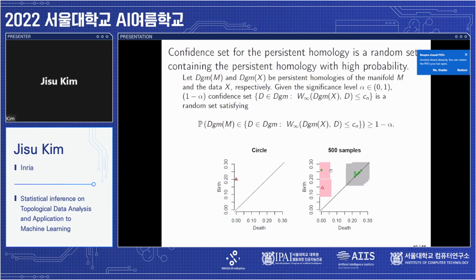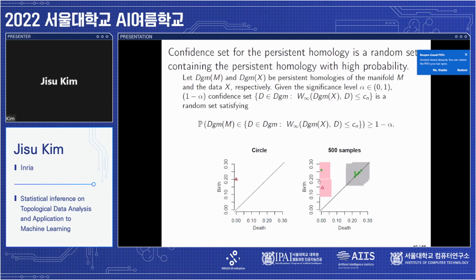And you might have noticed that here I have colored this pink box and the gray box differently. The difference is that these pink boxes don't overlap with the diagonal line, while these gray boxes overlap with the diagonal line.